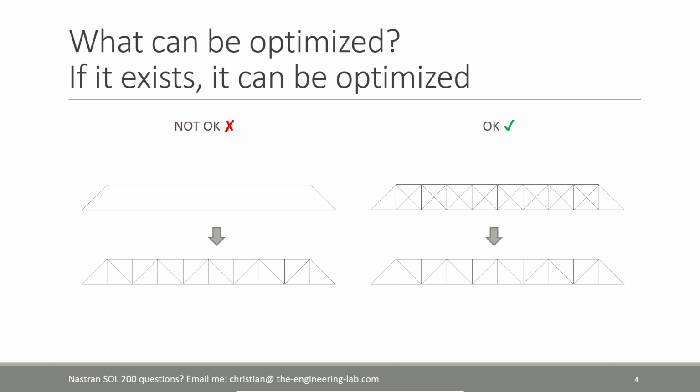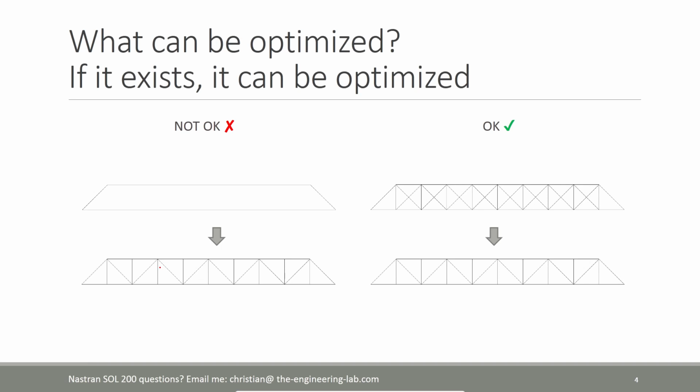Here you can see I have two examples, truss A on the left and truss B on the right. You can see that in truss A, there are no members on the inside. The optimizer will not automatically create these elements for you.